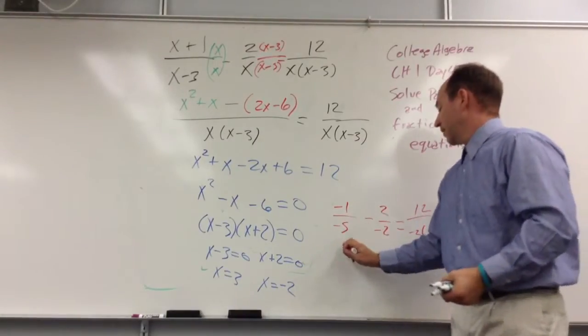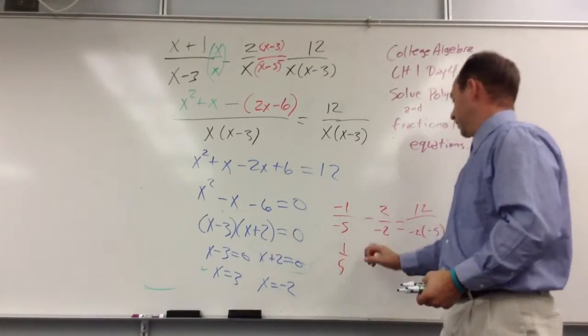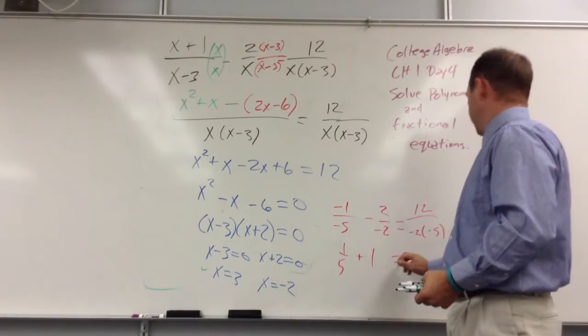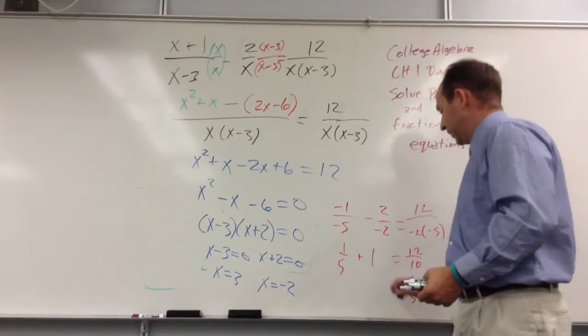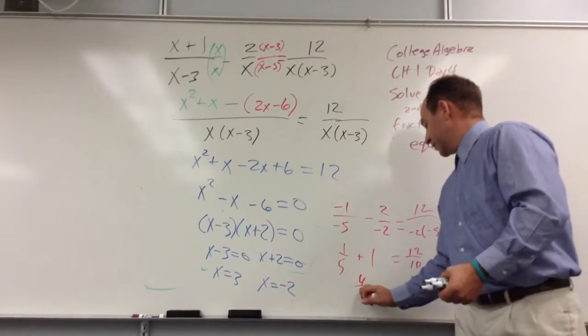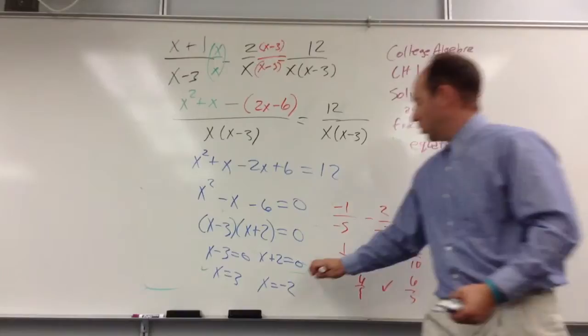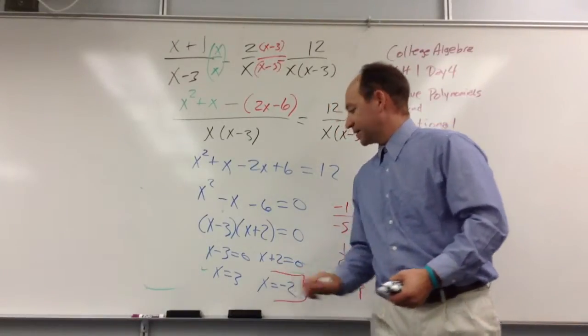Okay, let's see. That's 1/5, this is plus 1, and that's 12 over 10. 6/5, 6/5, check. Woohoo! Okay, so I'm ready to box that one.